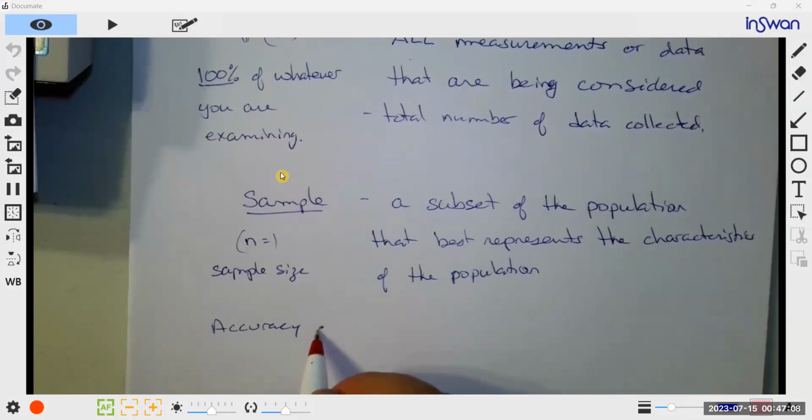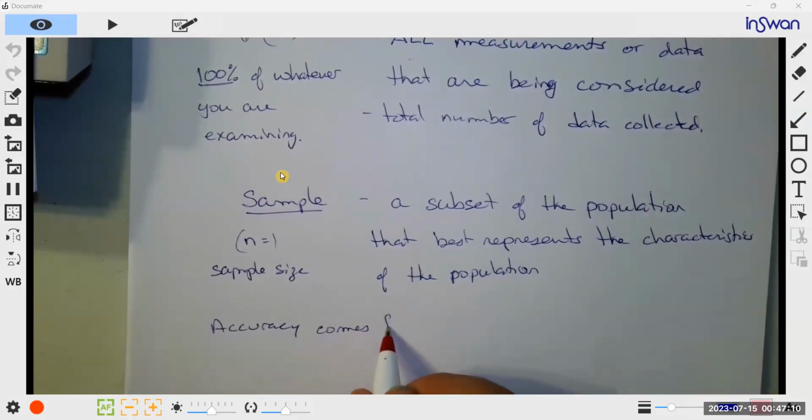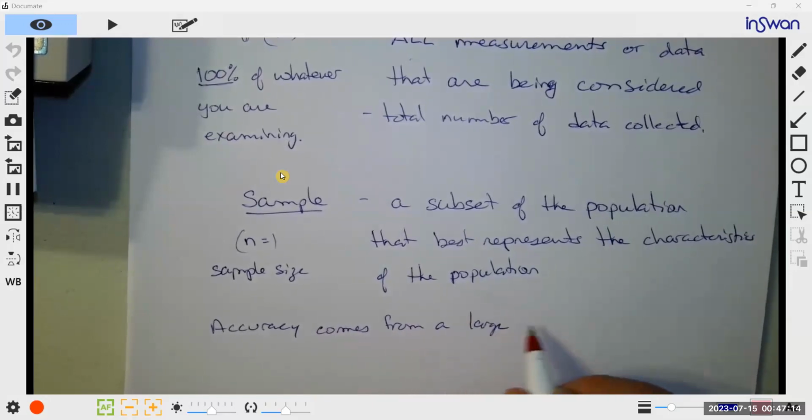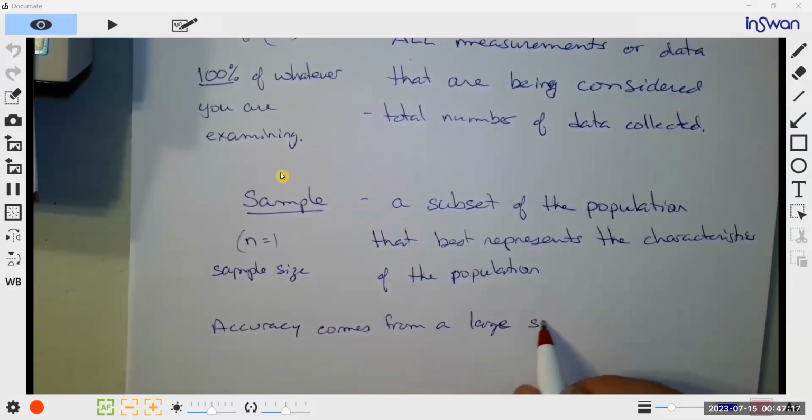accuracy comes from a large sample size.